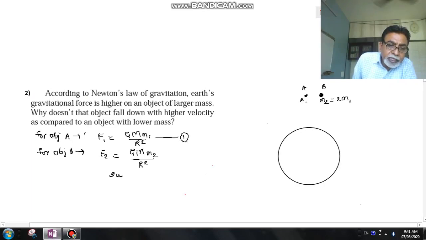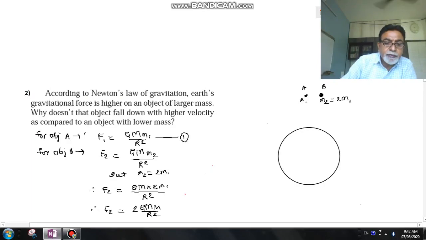But the special condition we have taken for ourselves, to show one mass larger and one smaller, is m2 is equal to twice m1. So we'll put this value. Therefore F2 is equal to GM into twice m1 upon r square, the remaining as it is, and therefore F2 is equal to twice GMm1 upon r square.